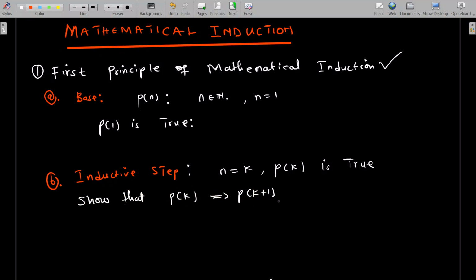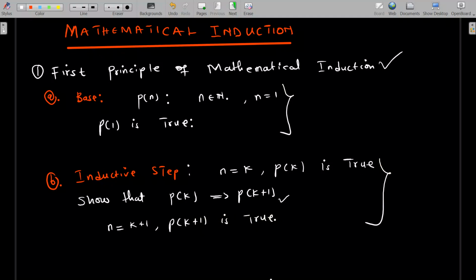What this statement means is that you're supposed to use p of k to prove that p of k plus 1 is also satisfied. In other words, you show that for n equals k plus 1, p of k plus 1 is true. If you're able to do these two things, then you've proven your proposition.